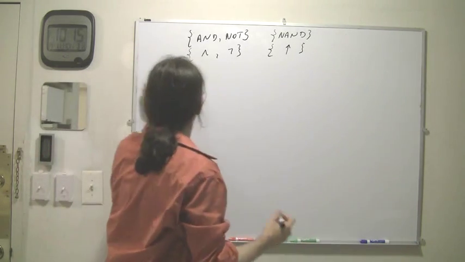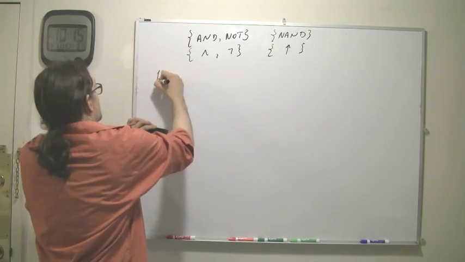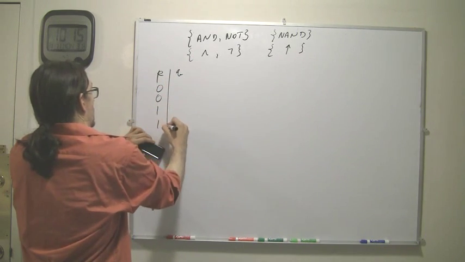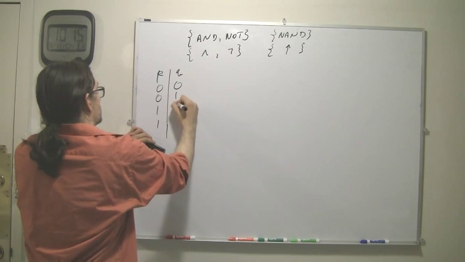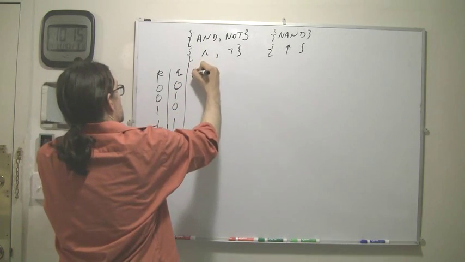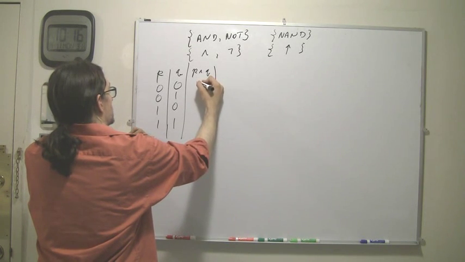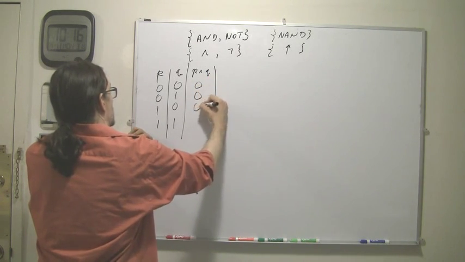Right, let's write the truth table for this. So, what is NAND? The AND table, we know already how to do. It's 0 everywhere except here.